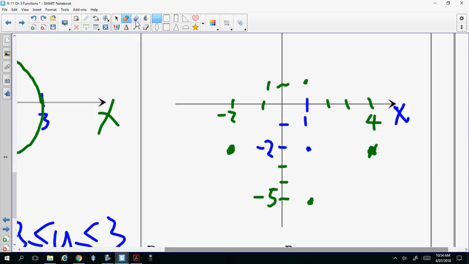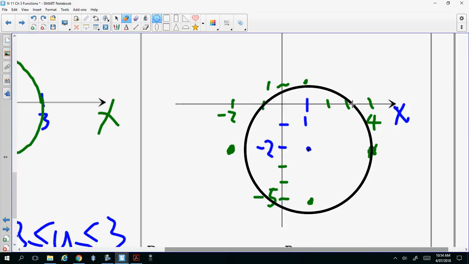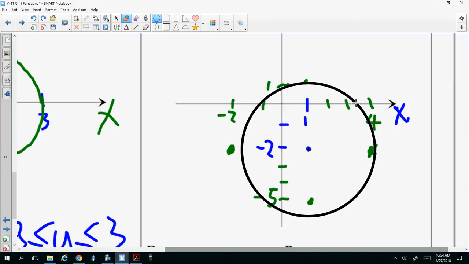Okay, let's draw a circle. I'll do that again. I'm not very perfect, but anyway. All right. Okay, let's draw freehand better.